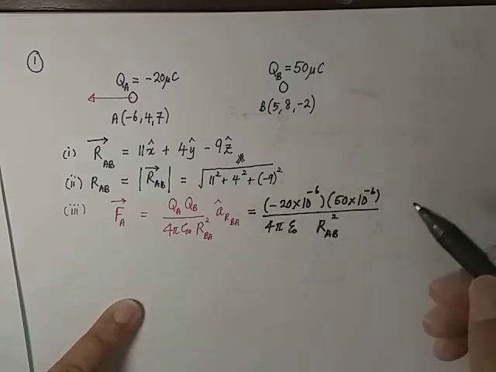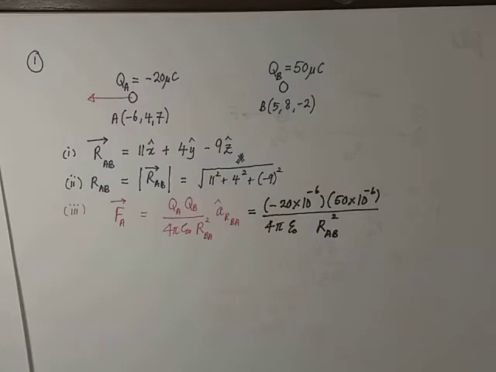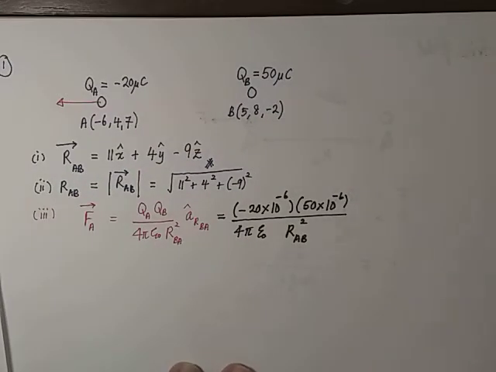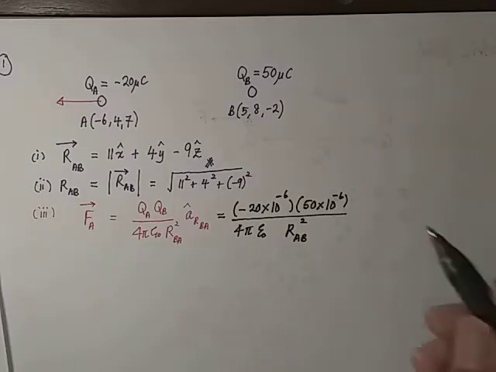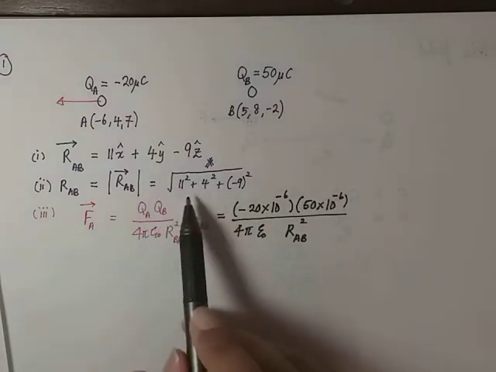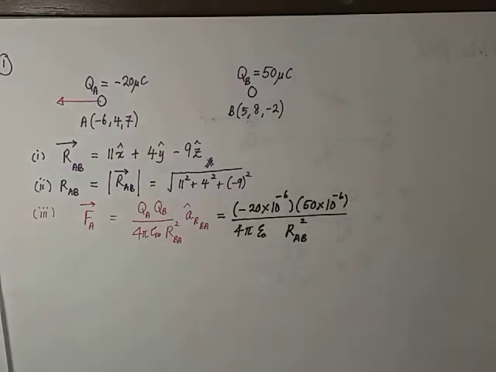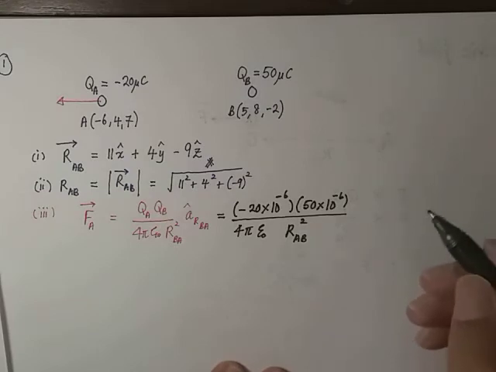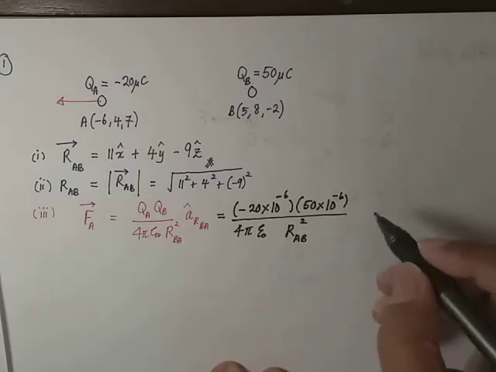And then the unit vector. You have to be careful here. Remember, a unit vector must be equal to the vector divided by the magnitude. Agree? Now, what should be the direction?